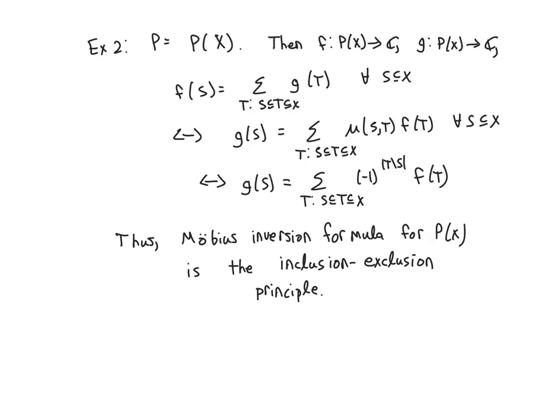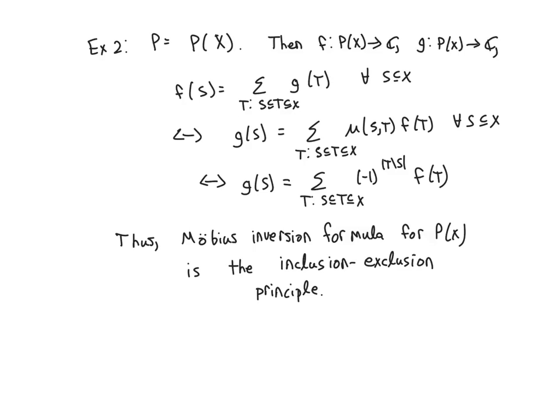Then the Mobius inversion formula says F of S is equal to the summation over all T, where T is a set containing S and contained in X, of G of T. So this equality holds for all subsets of X if and only if this corresponding statement holds: G of S is equal to the summation of mu of S, T times F of T. But we've already computed this Mobius function. It's just -1 to the size of T take away S.